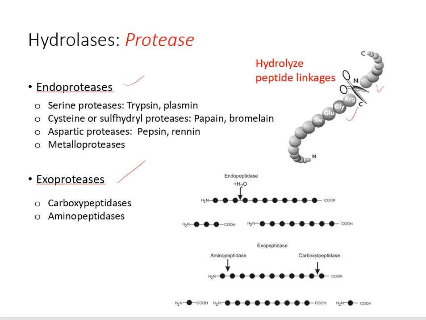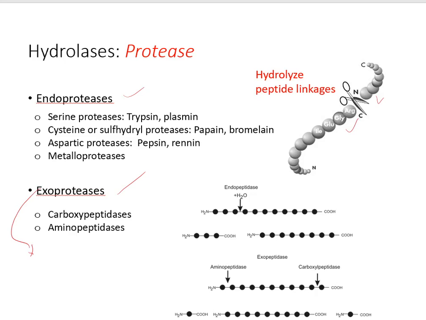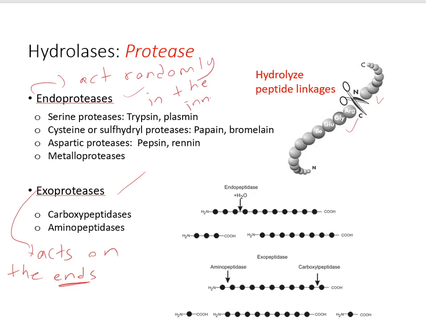The exoproteases act on the ends of polypeptide chains. And endoproteases act randomly in the inner regions. It can be in the middle.